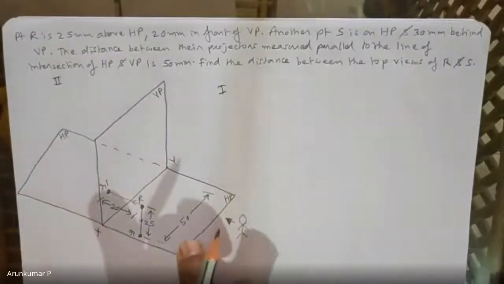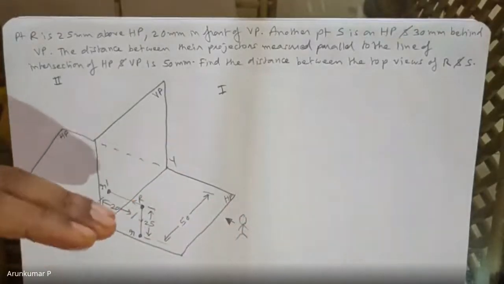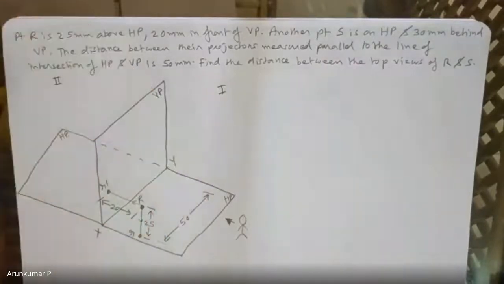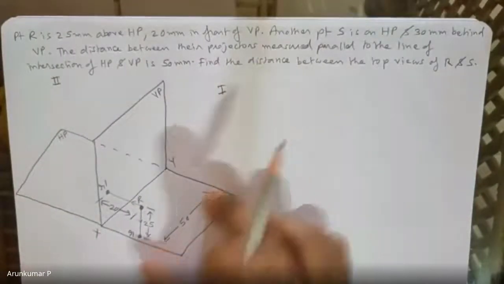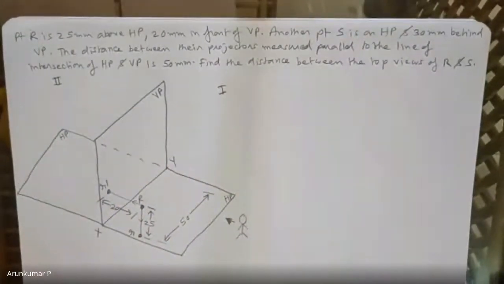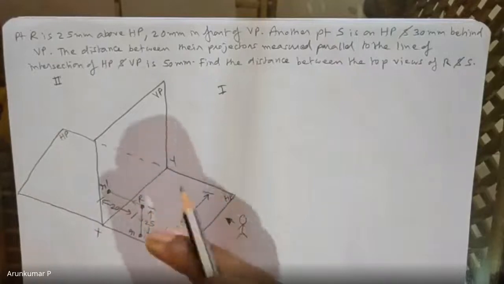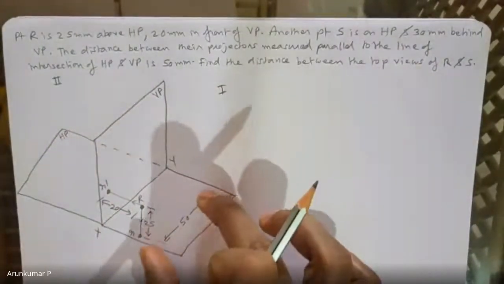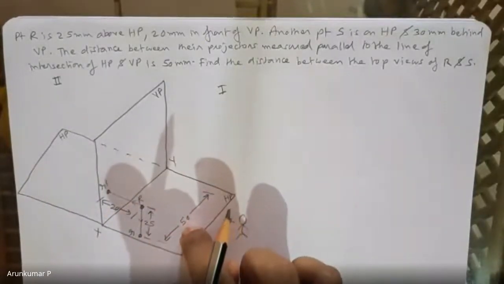So what this distance 50 means is the distance of the projector of R and the projector of S. They are separated by a distance of 50 mm. Like you have drawn R dash and R, and you have located the point R here. Similarly, at some distance, you are going to locate the point S. That horizontal distance parallel to the XY line is 50 mm.